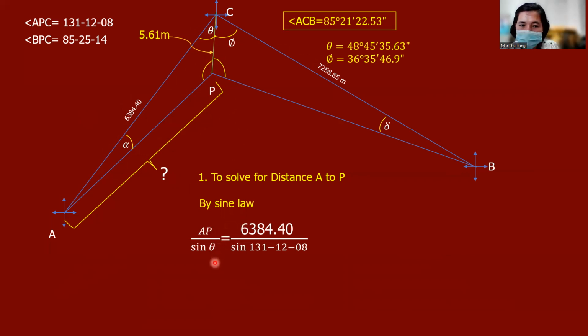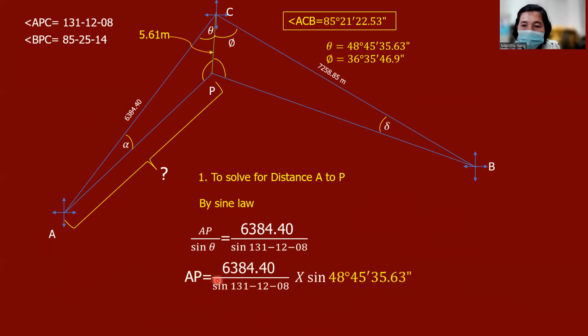Then, cross multiply. Substitute niya yung theta, the value of theta, na-solve natin kanina, which is 48, 45, 35. And then our AP would be equivalent to 6380.70 meters.